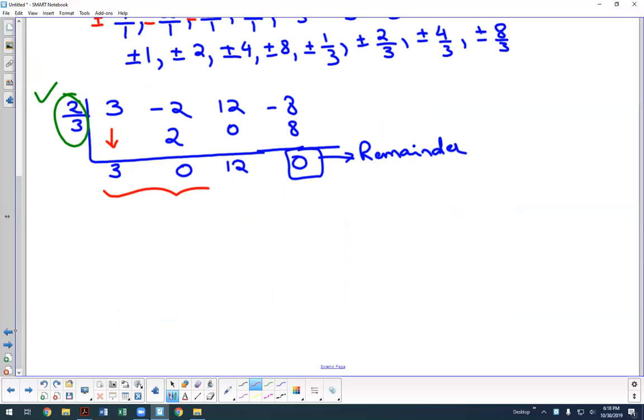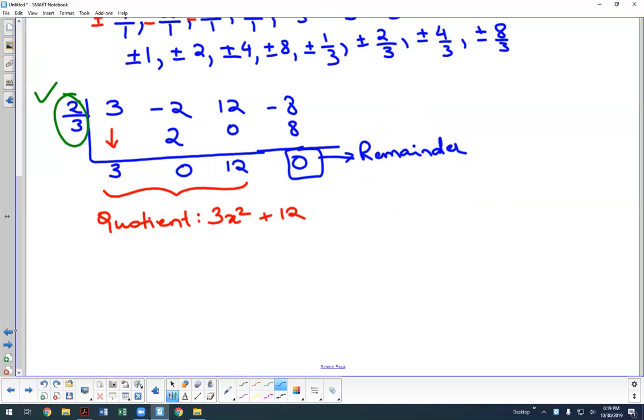So what is this quotient coming out to be? Isn't that 3x squared plus 12? Yeah, so this was a third degree polynomial, so this is second degree, 3x squared, that's a 0, so that means just plus 12, you have no x term there.